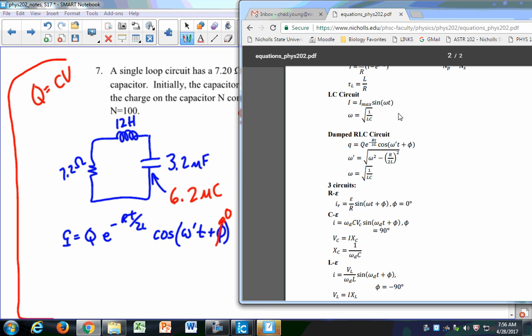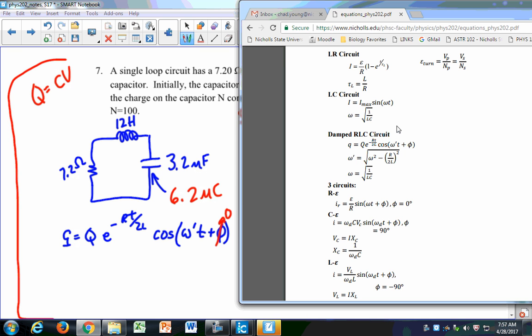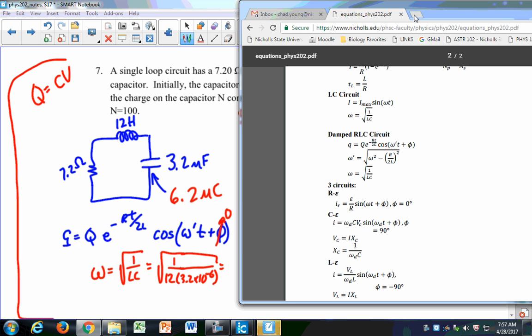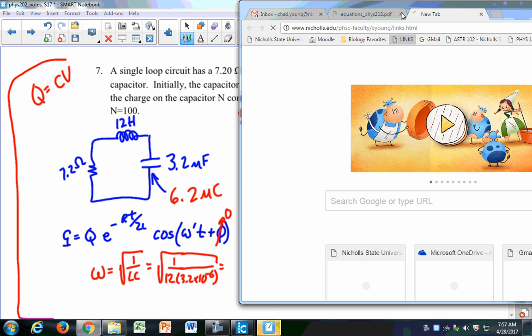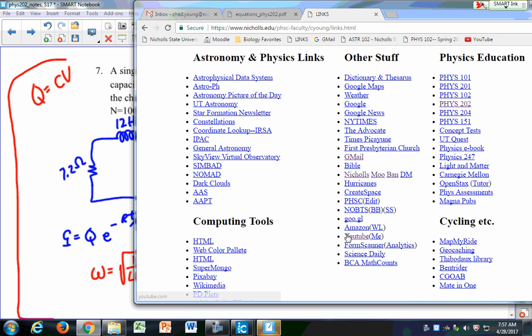And so we want to calculate what is omega prime. In order to do that, we have to first find what is omega. That's going to be the square root of 1 over LC. That's the square root of 1 over 12 times 3.2 times 10 to the minus 6. Actually, I'm going to pull up the solution here so I don't have to do all the calculations. Is that okay if I do that?